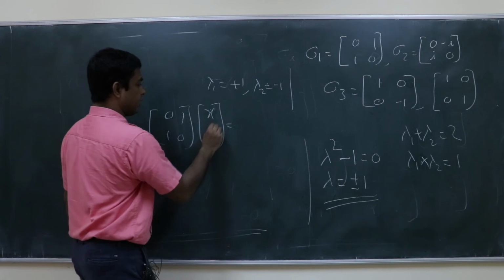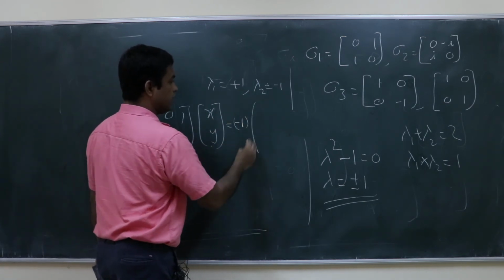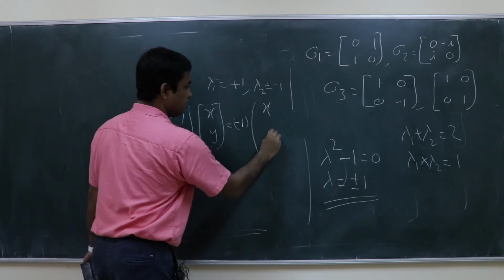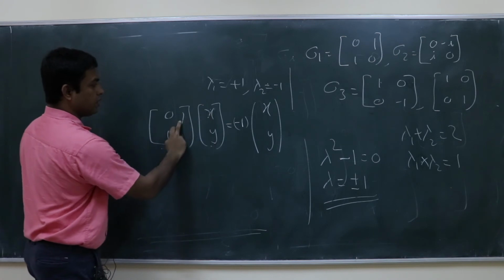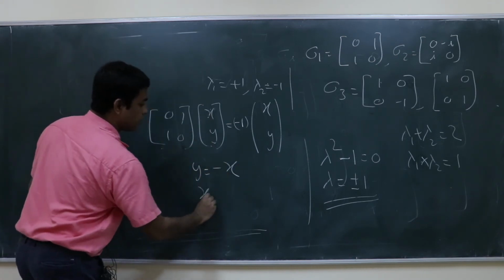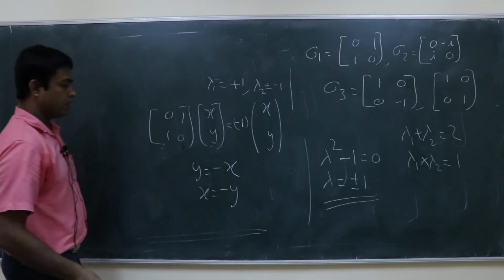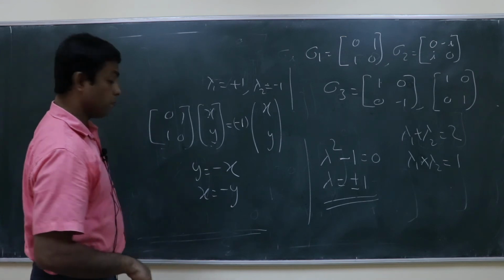So for lambda 2, you have to again write down x, y. The eigenvalue is minus 1. Then what you are going to get is y equal to minus x. You can choose x equal to 1, then y is equal to minus 1.